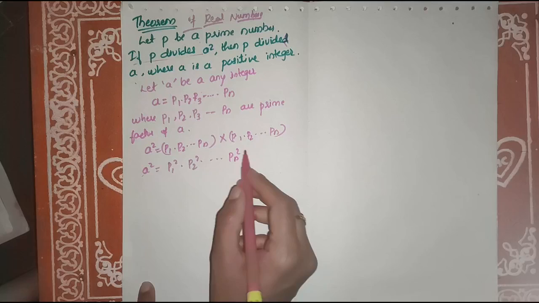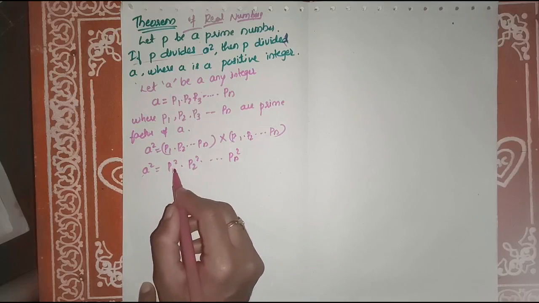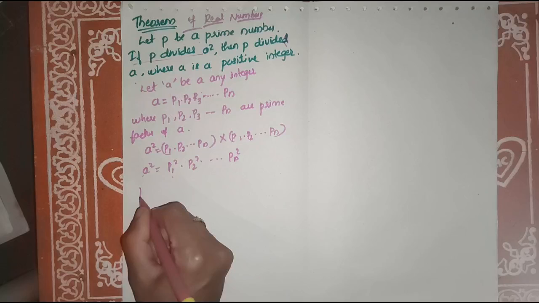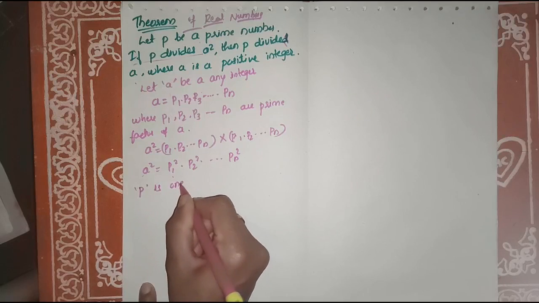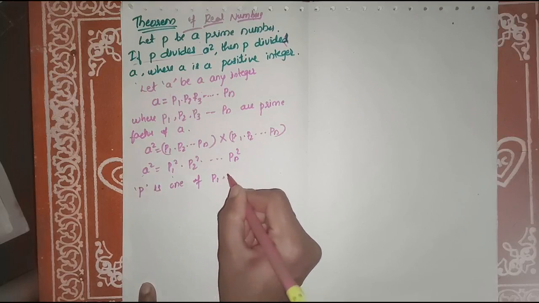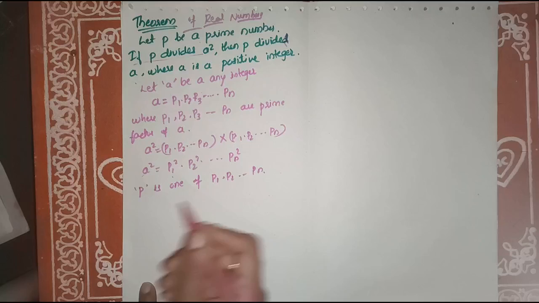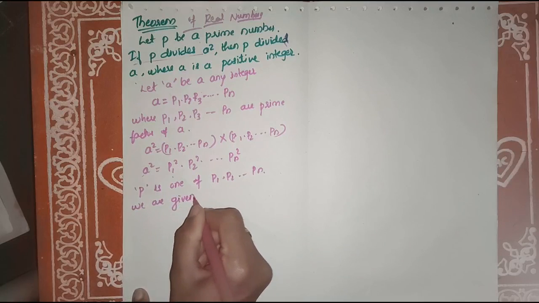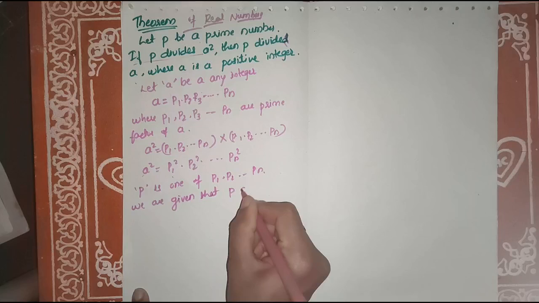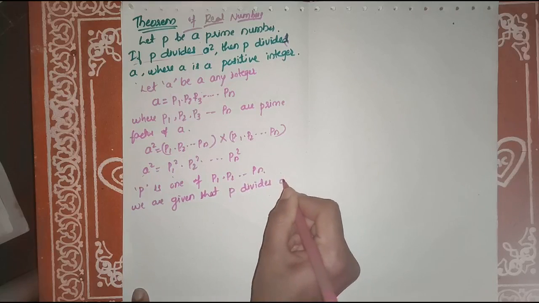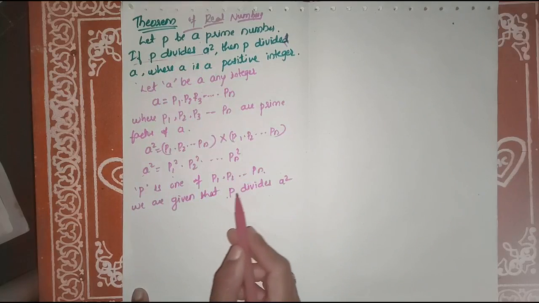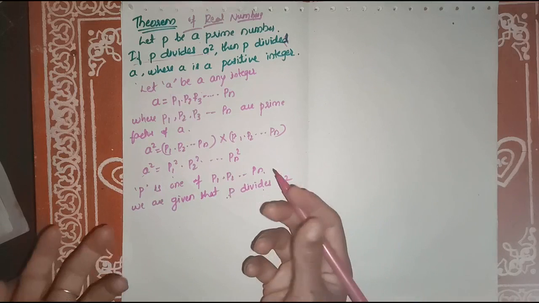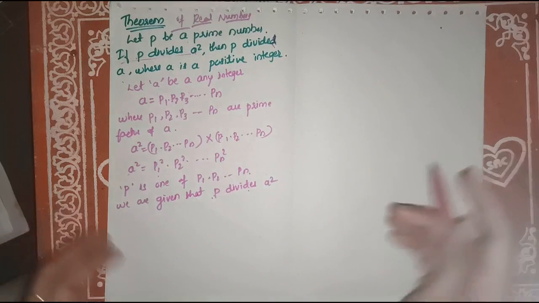So p is one of the prime factors, that is p1, p2, up to pn. We are given that p divides a square.